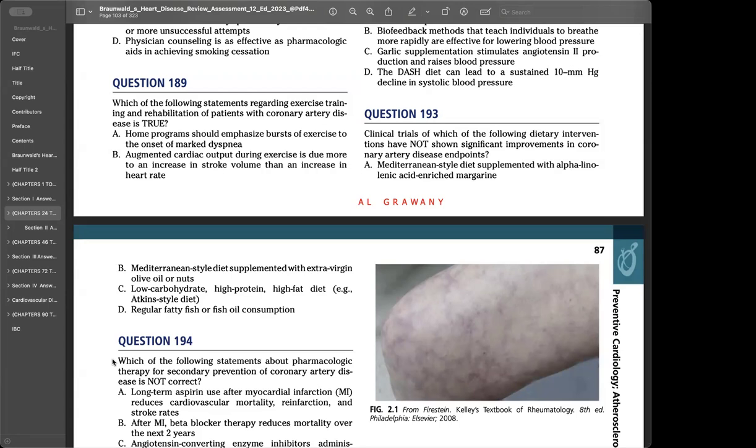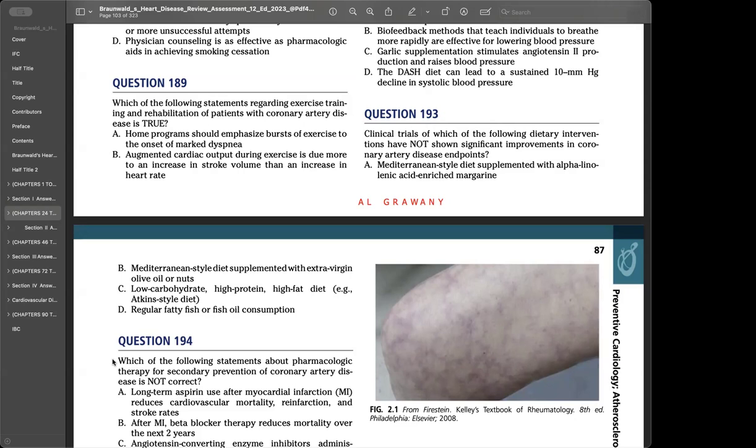According to the Lyon Diet Heart Study, this Mediterranean-style diet was enriched with alpha-linolenic acid-enriched margarine.